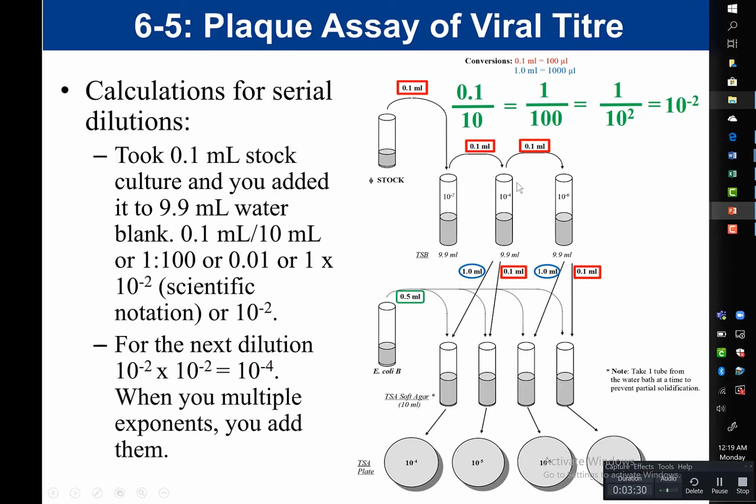My final dilution in this tube is 10 to the negative 4. Then we take our 10 to the negative 4 and transfer 0.1 milliliters into 9.9 milliliters of the tryptic soy broth. Again, we're starting with 10 to the negative 4. We're diluting 10 to the negative 2 more because this is my dilution factor. Add my exponents. My final dilution in this tube is 10 to the negative 6.